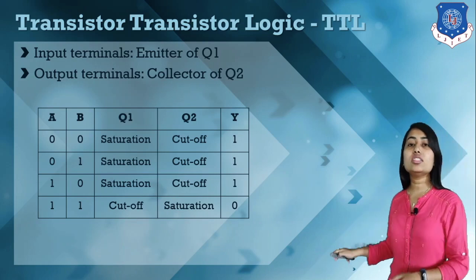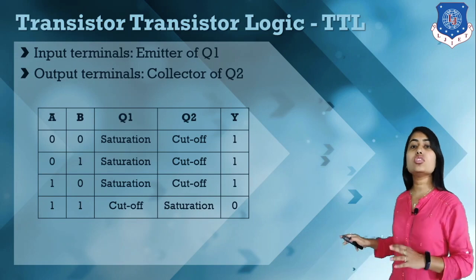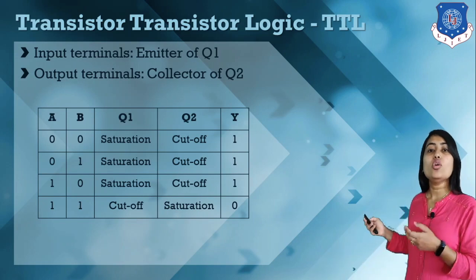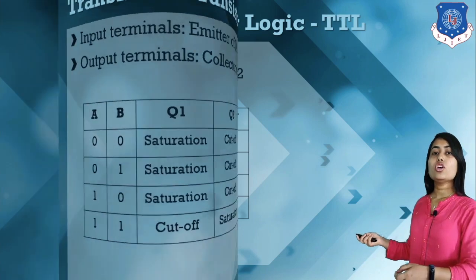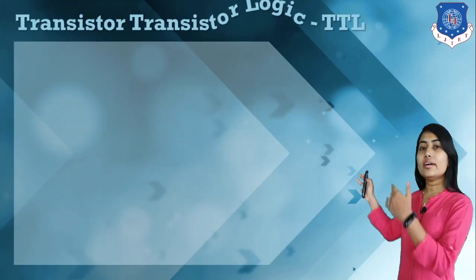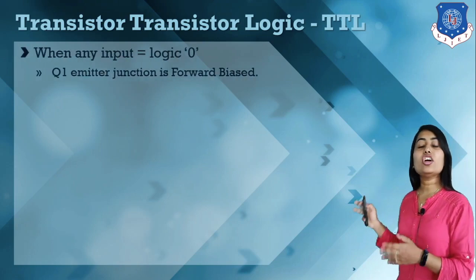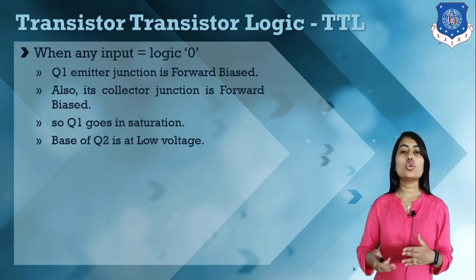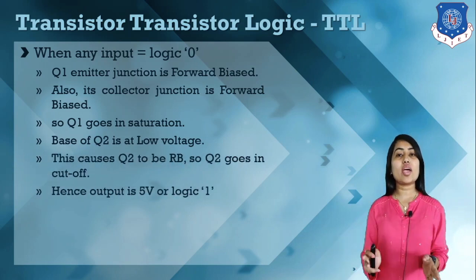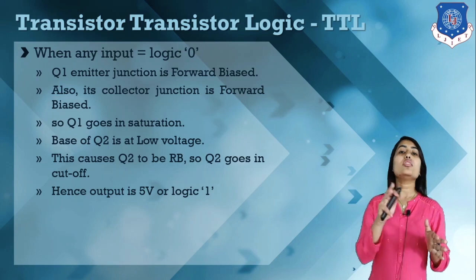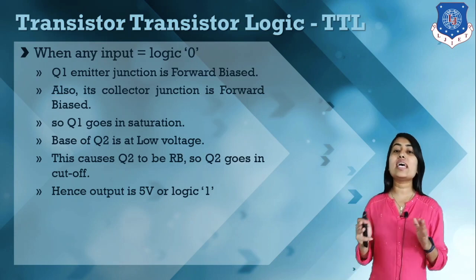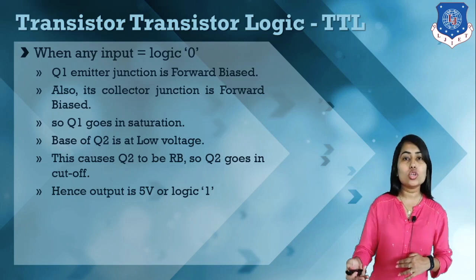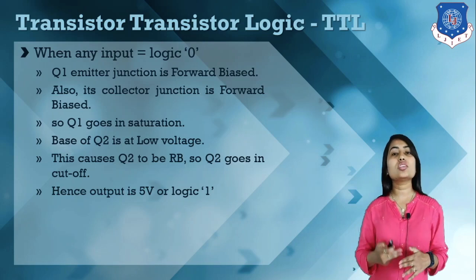Whenever both A and B are 1, Q1 goes into cutoff and Q2 goes into saturation, so the output is 0, and this is how the NAND operation works. Here the procedure is written: when any of the inputs is 0, Q1 goes into forward bias, so Q1 goes into saturation, and when Q1 is in saturation the base of Q2 is at a low voltage, so Q2 goes into reverse bias, and then Q2 goes into cutoff mode.